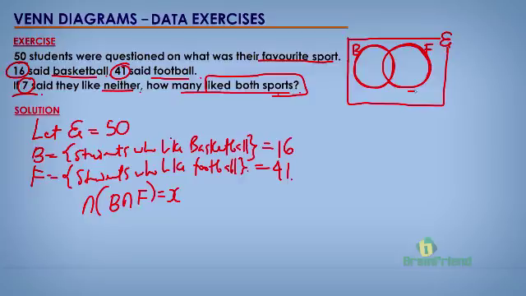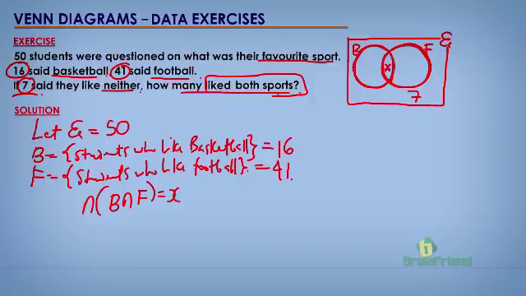And so we write 7 outside of our borders here. The region that we seek is the region of those that like both sports, and that would be the intersection between those that like basketball and football. That region is represented on our Venn diagram as X, which is our unknown.